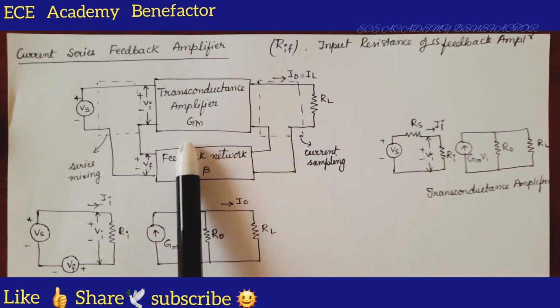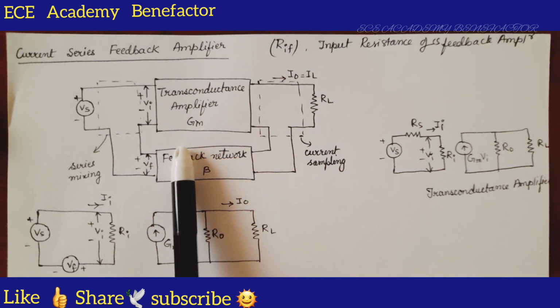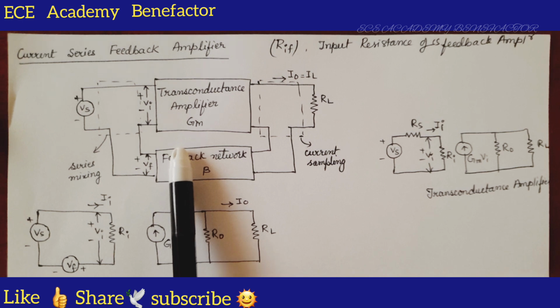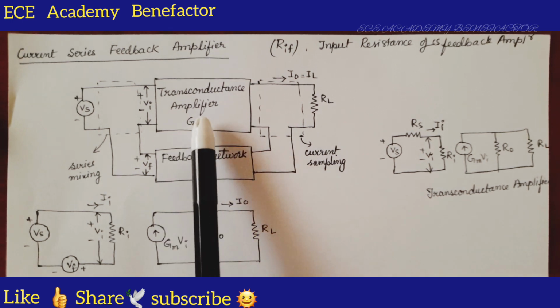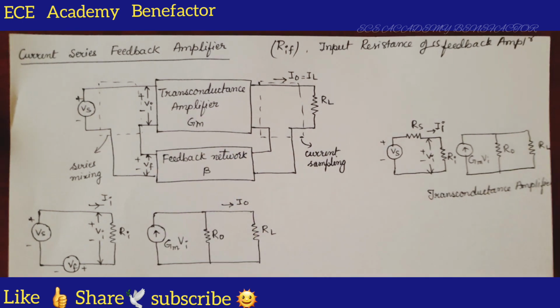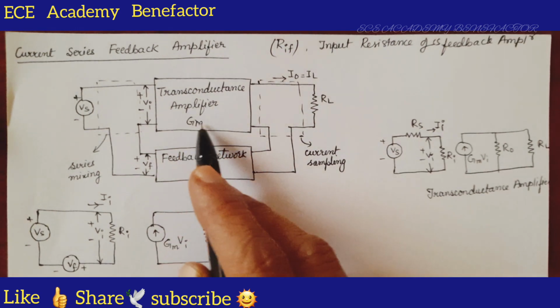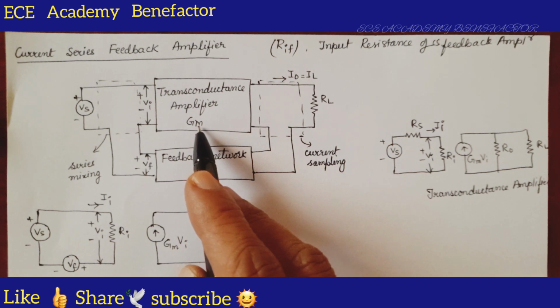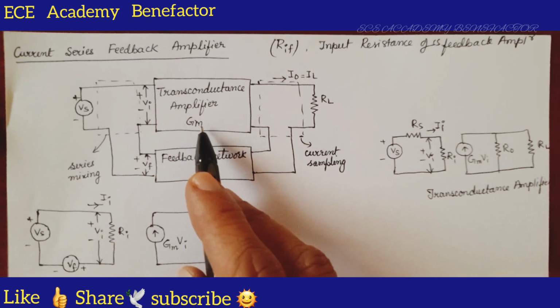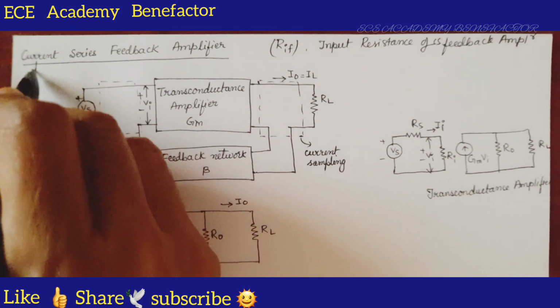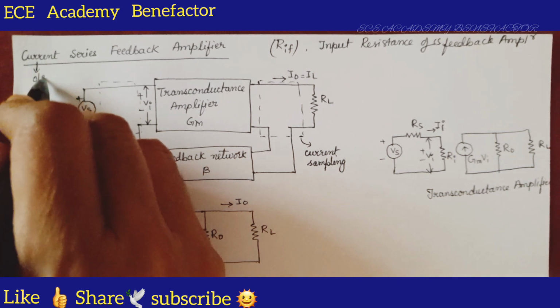As we have seen the block diagram of the current series feedback amplifier in our previous class, let us quickly review it. So, how to decide the basic amplifier? We have taken a transconductance amplifier of gain GM. How to decide this? The first word indicates output.